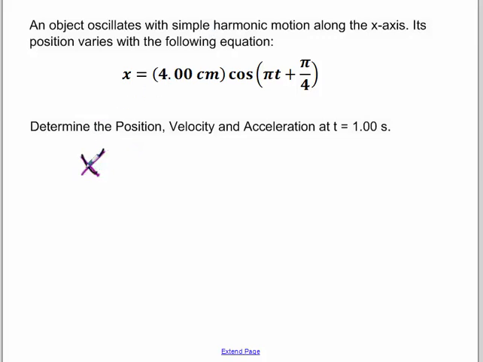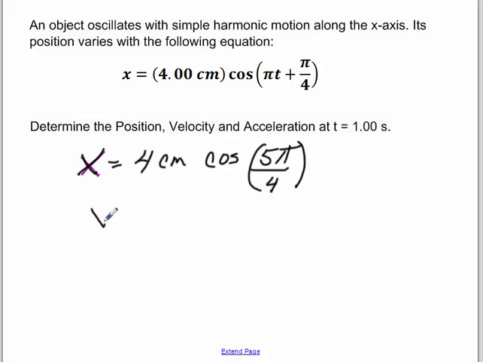The position is going to equal 4 centimeters times cosine of, we'll let t be 1, pi plus pi over 4. That's going to give me the cosine of 5 pi over 4. Now from the unit circle, we know that the cosine of 5 pi over 4 is negative square root of 2 over 2.